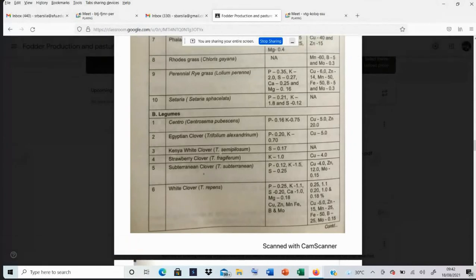And for leguminous, centrosema, Egyptian clover, Kenya white clover, strawberry clover, subterranean clover, they all contain also the micronutrients.